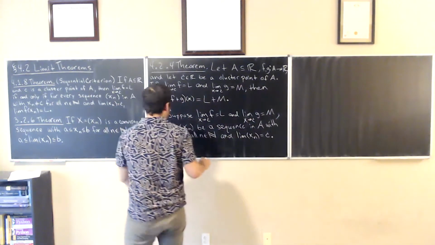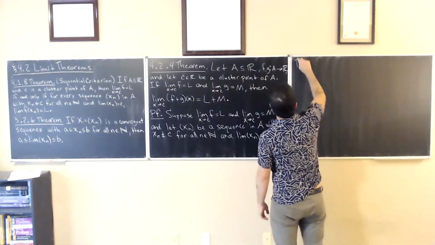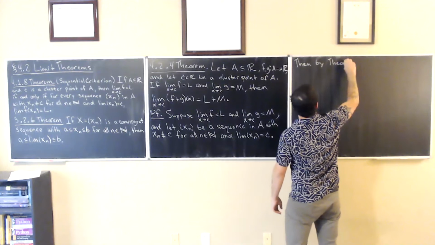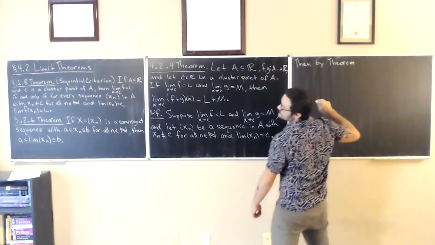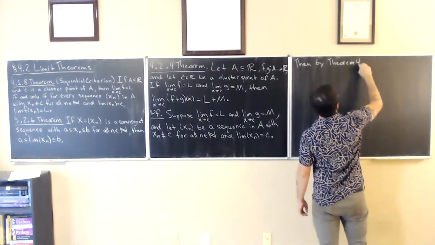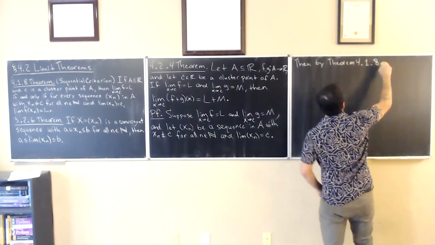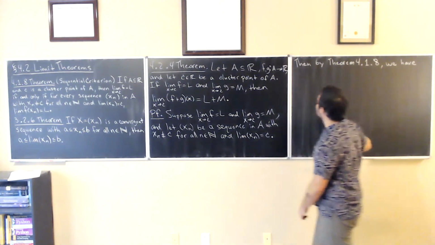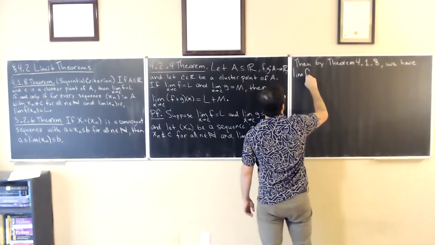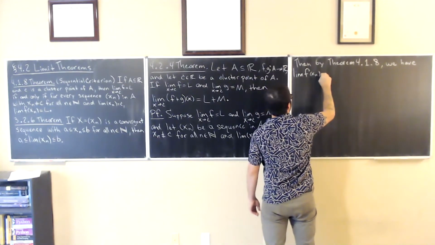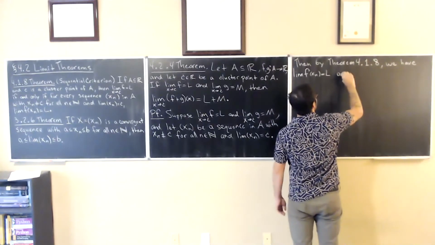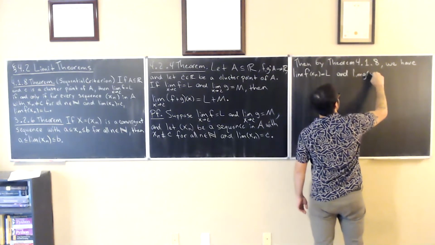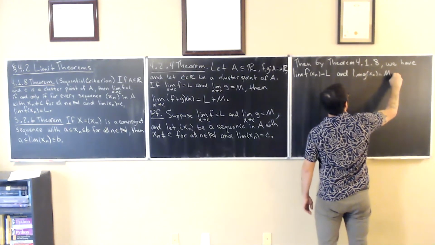So then by theorem 4.1.8, we have the limit of f of x_n is equal to L, and the limit of g of x_n is equal to m.